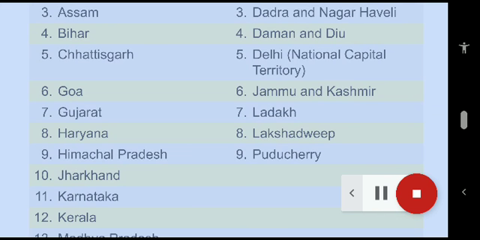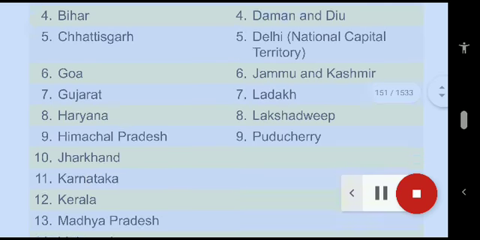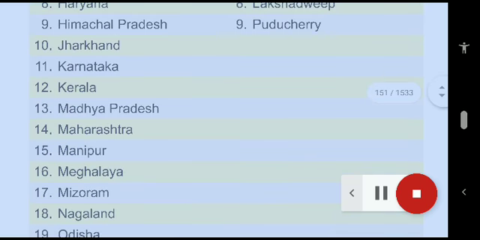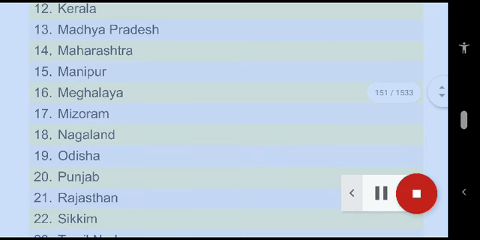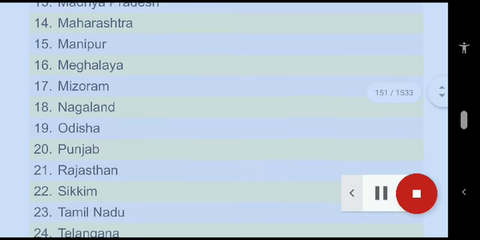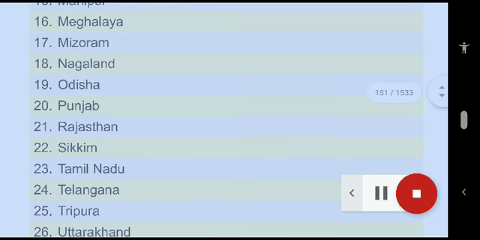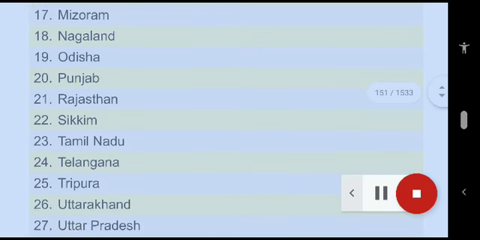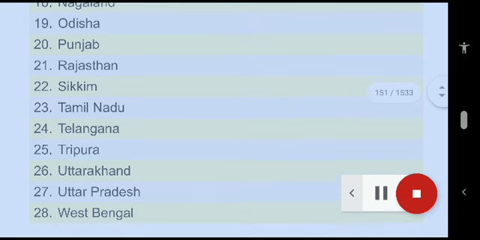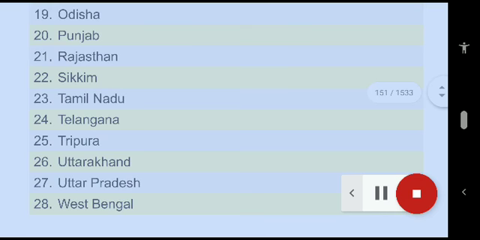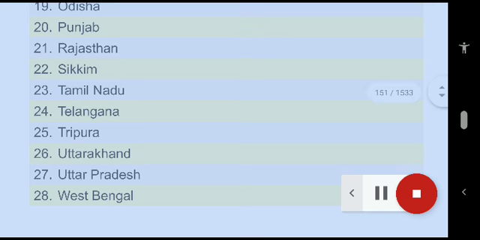Himachal Pradesh, 9. Puducherry. 10. Jharkhand. 11. Karnataka. 12. Kerala. 13. Madhya Pradesh. 14. Maharashtra. 15. Manipur. 16. Meghalaya. 17. Mizoram. 18. Nagaland. 19. Orissa. 20. Punjab. 21. Rajasthan. 22. Sikkim. 23. Tamil Nadu. 24. Telangana. 25. Tripura. 26. Uttarakhand. 27. Uttar Pradesh. 28. West Bengal.